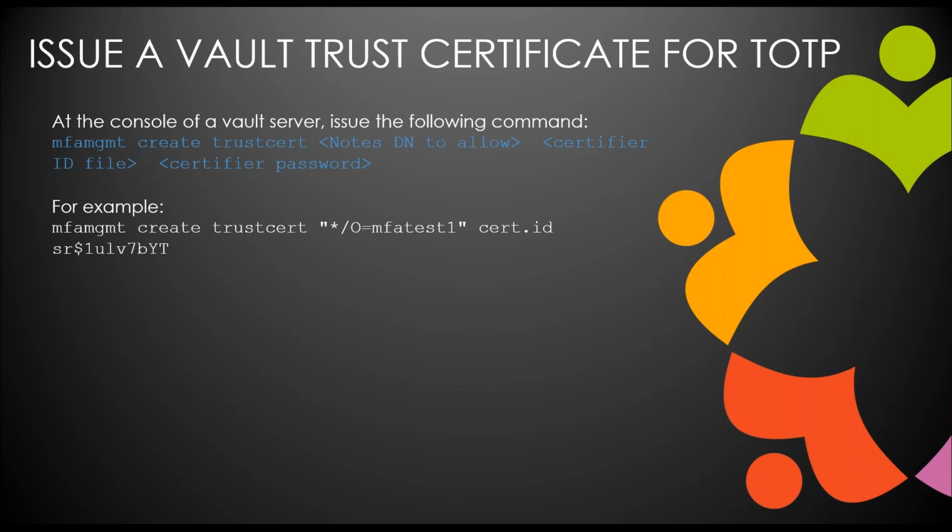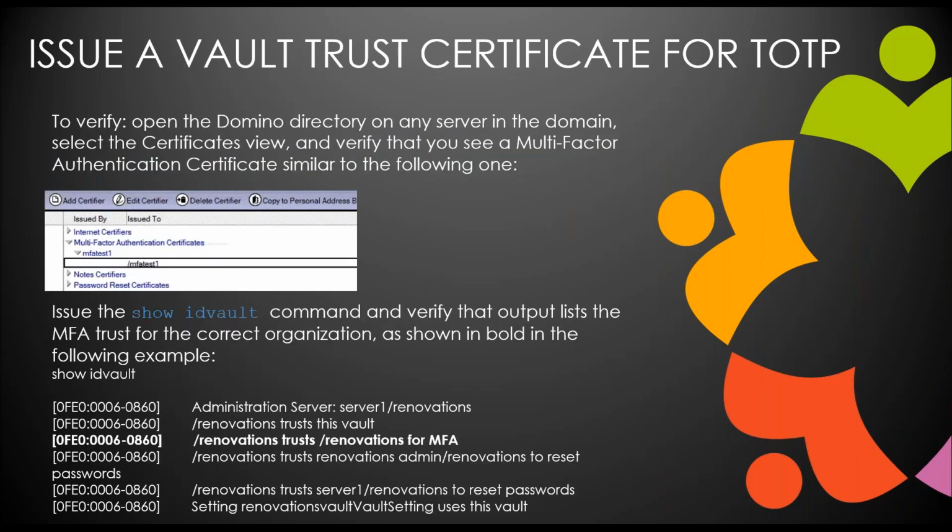In the second line, there is an example of the command that you have to type. Once you do that, the certificate is issued by default, and you can check. If you open the Domino directory and select the certificate view, you should see a multi-factor authentication certificate, which is the one that you have just created.